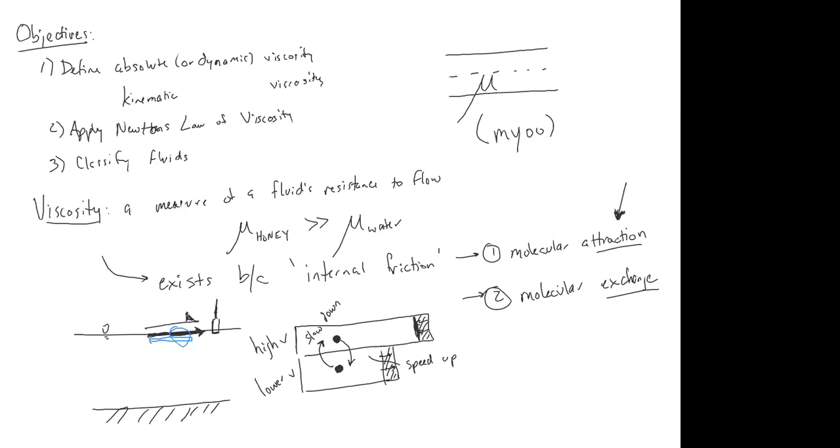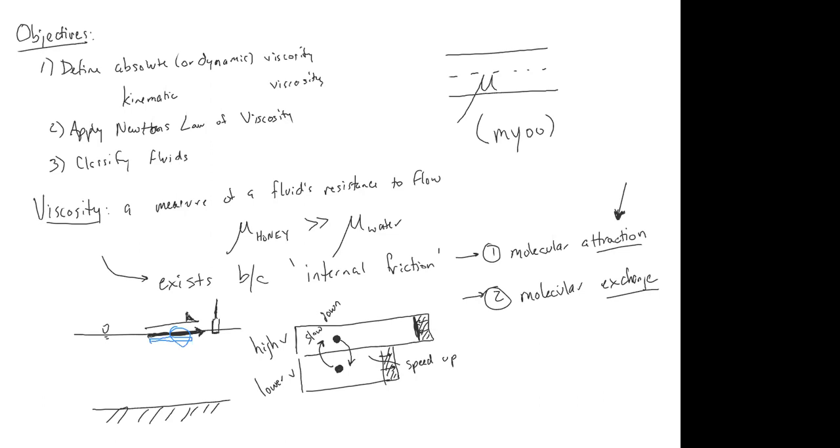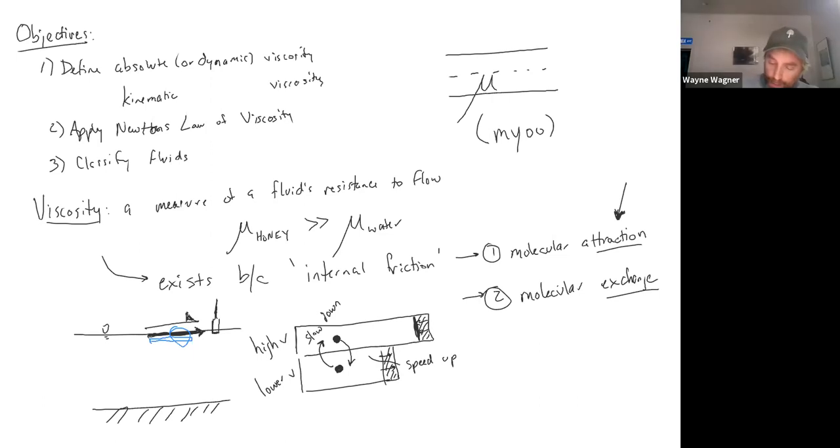Aren't those two very closely related? I guess I'm having a hard time understanding the difference between attraction and exchange. Okay, so with exchange, you've got a molecule in one layer that actually moves into another layer. With attraction, one stays in its layer and one stays in another layer, and they're just pulling on each other.